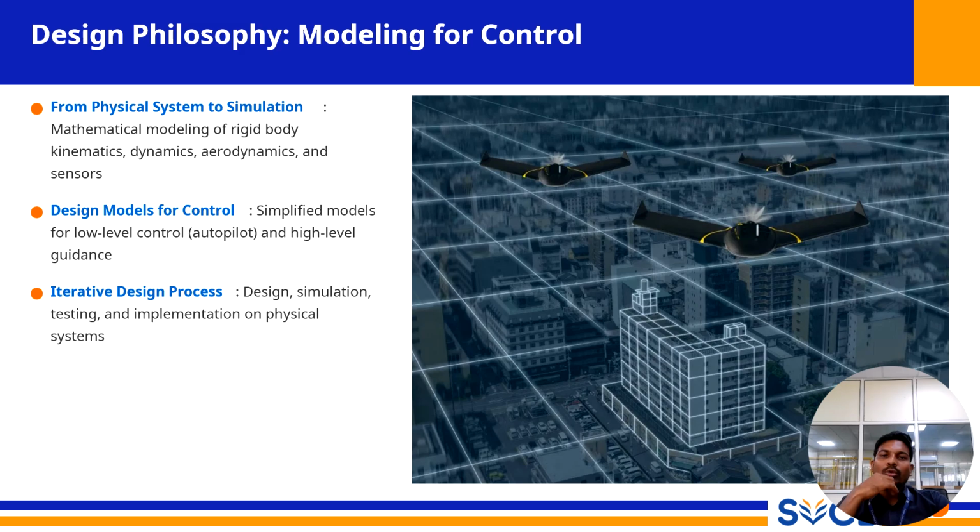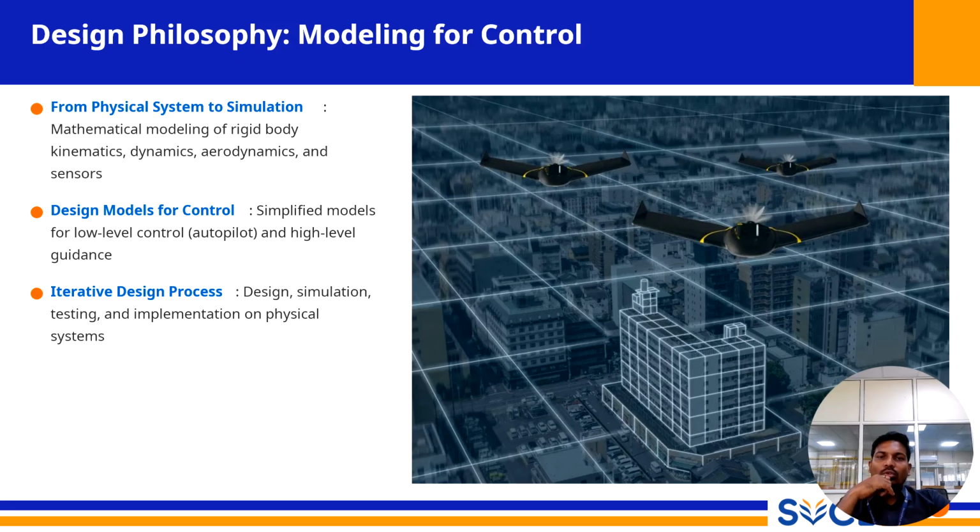This entire approach is embedded within an iterative design process. It's a cycle that continuously refines our design until it meets the required performance and reliability standards. The process starts with the design phase, where we create our guidance and control algorithms using our simplified mathematical tools.